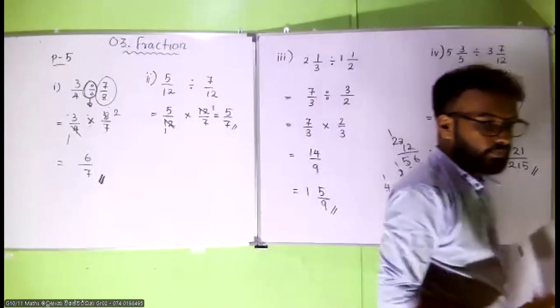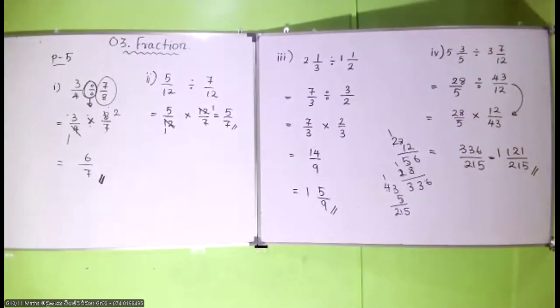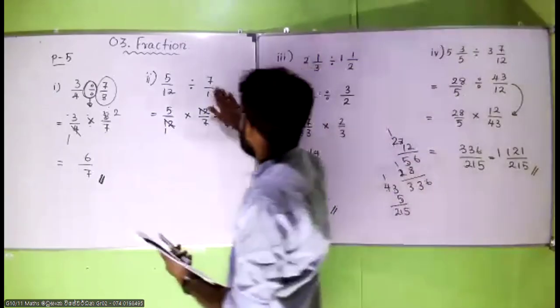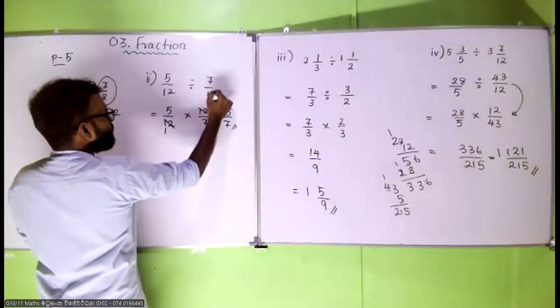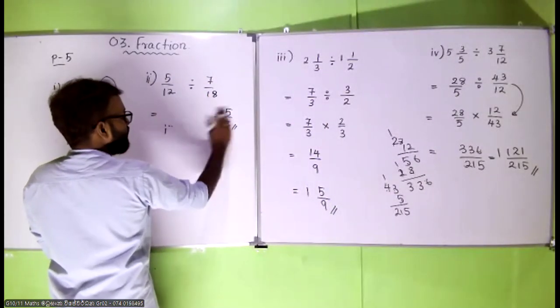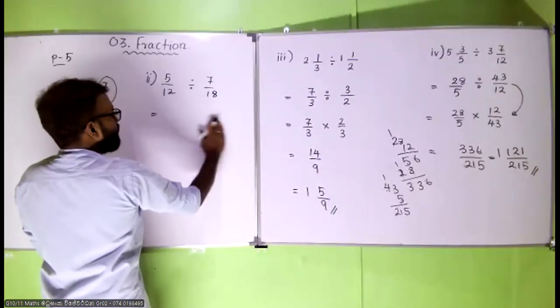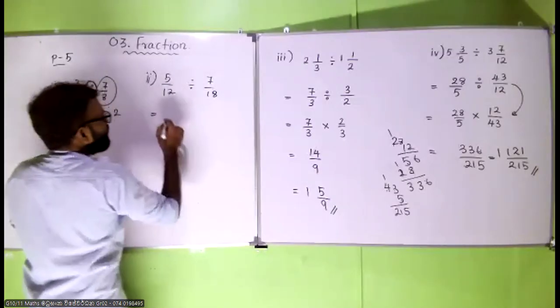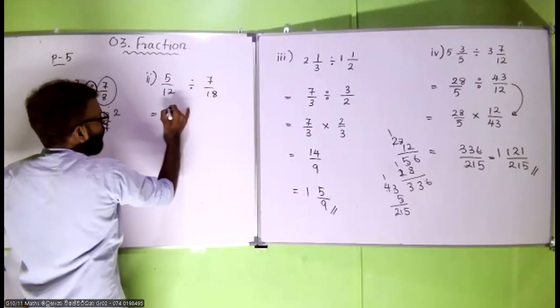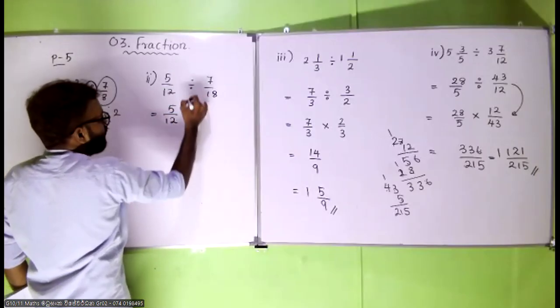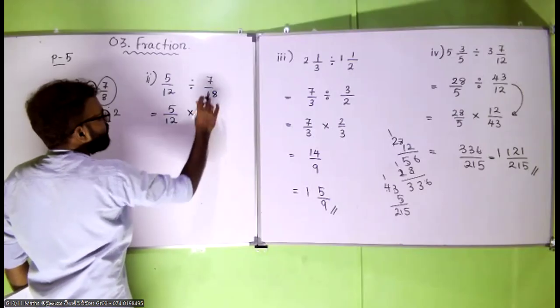Again, in the second one, it is 5 over 12 divided by 7 over 18. You have written 7 over 12. Yeah, this is 7 upon 18. Sorry. Thank you, Neil. Multiplication.